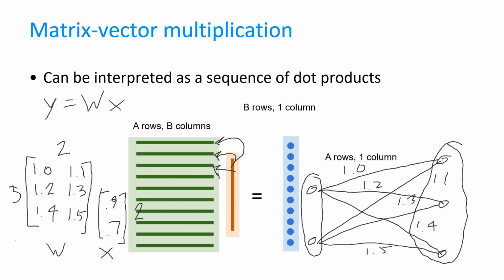So this would be a 10 by n matrix. In order to multiply a matrix and a vector together, the second dimension of the first matrix has to match the first dimension of the second matrix.